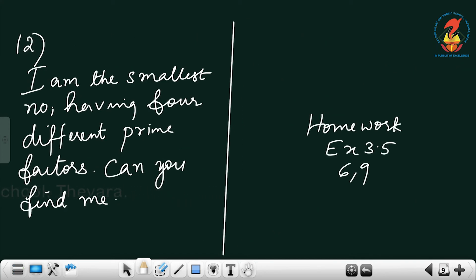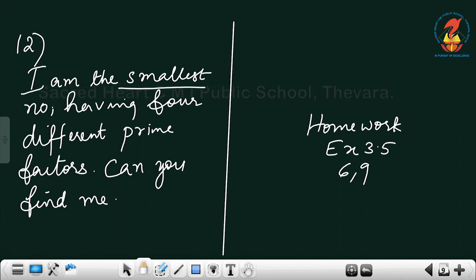Then 12th question, I am the smallest number having 4 different prime factors. Can you find me? Important one is this, smallest number. Smallest number means it should be a multiple of the smallest prime factors.